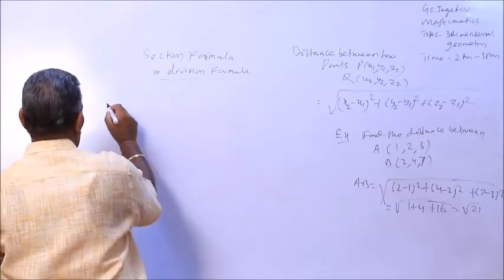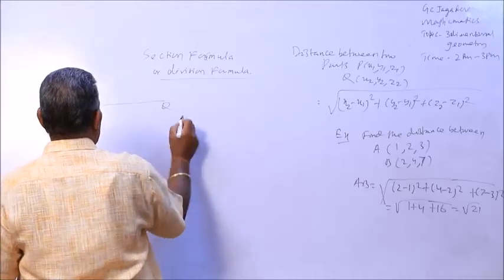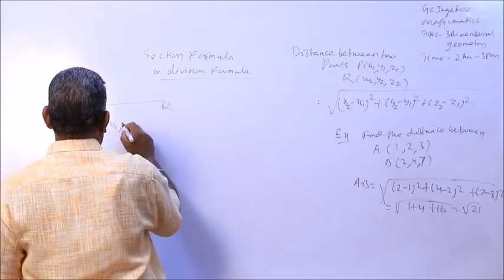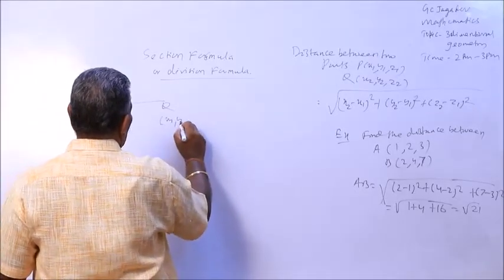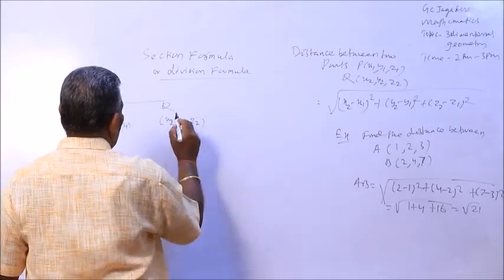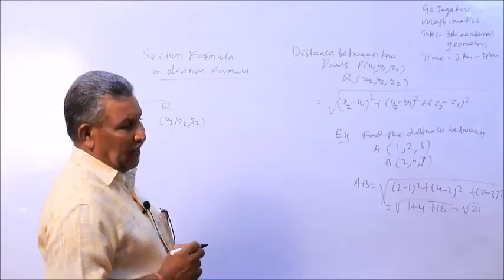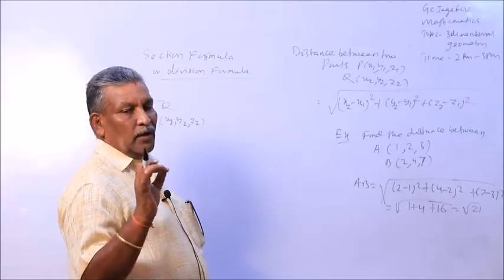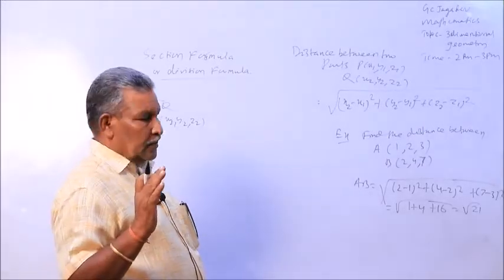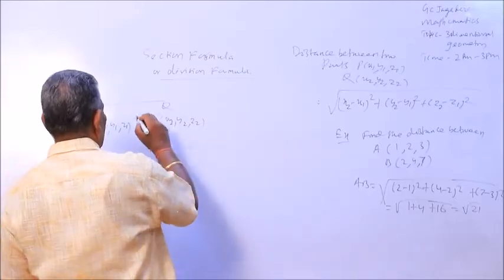Suppose P and Q are 2 points, P having coordinates x1, y1, z1 and Q having coordinates x2, y2, z2. Let there exist a point R which divides the joining of P and Q in a ratio m is to n internally.